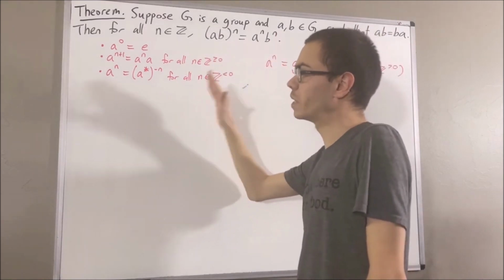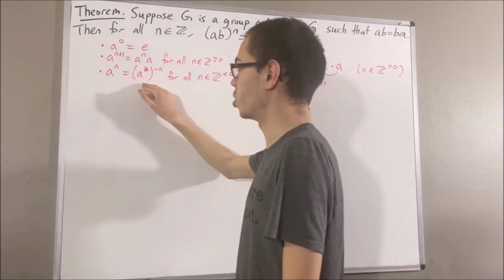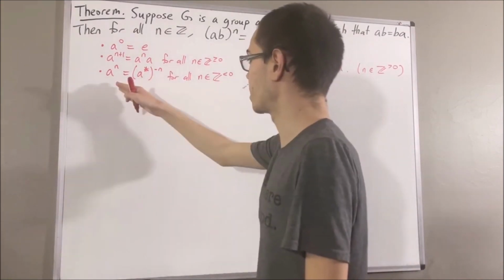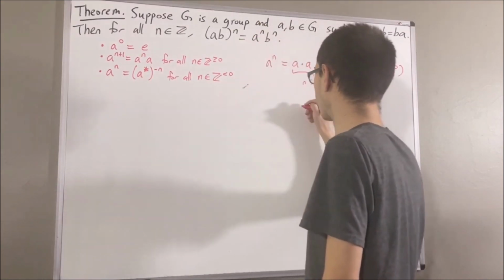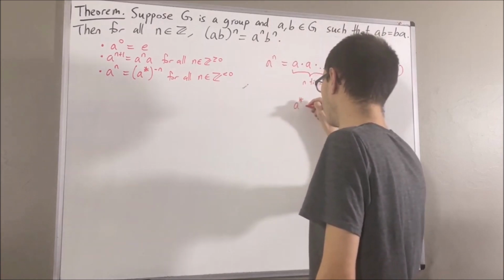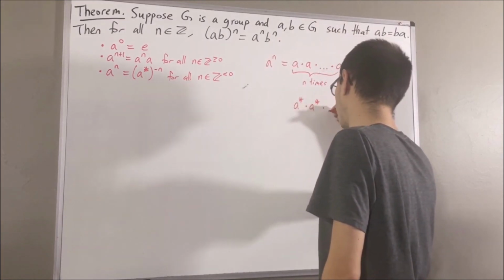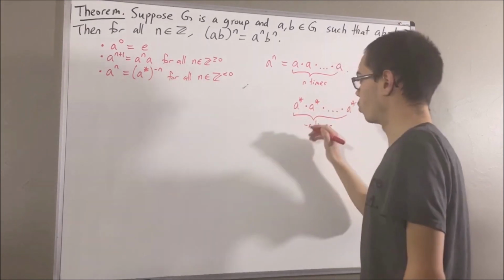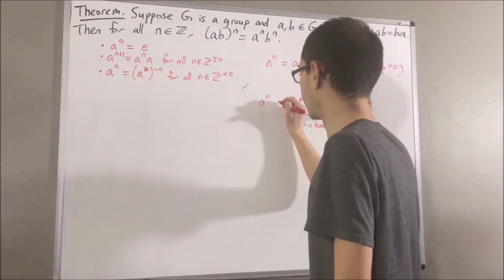In particular, we know how to raise the inverse of a to the power of the positive integer negative n. So what's essentially going on here is it's telling us to multiply the inverse of a by itself negative n times. That's what we mean when we do a to the power of a negative integer n.